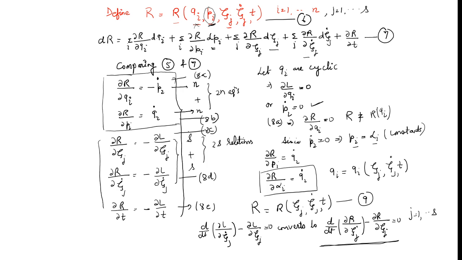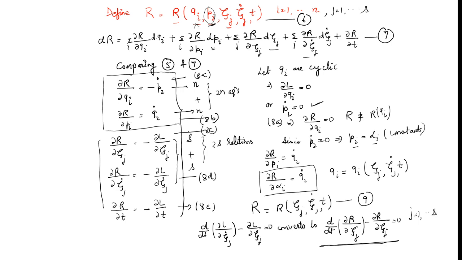So you see that your number of equations are reduced. These are second order equations, but these are only s in number. So degree of freedom is reduced, equations are reduced. So this is the big benefit. And what is the reduction? It is reduced by the same number as the number of cyclic coordinates.